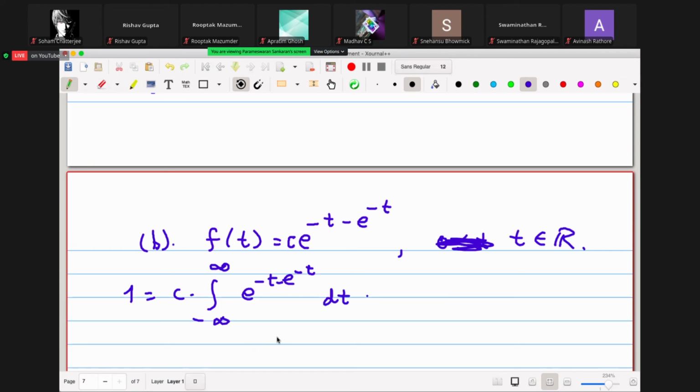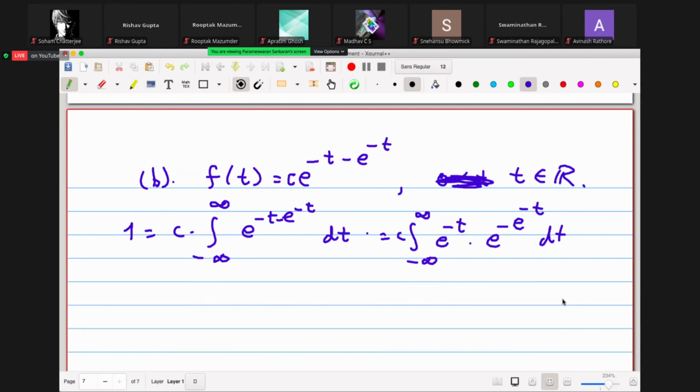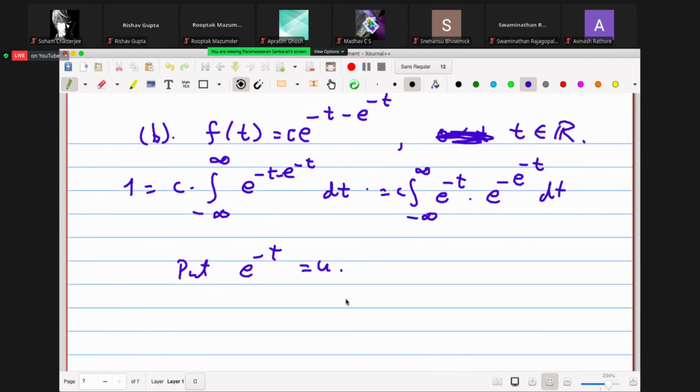So this you can rewrite as c times the integral from minus infinity of e power minus t times e power of e power minus t dt. And the obvious substitution is put e power minus t equal to u. And now complete the problem. So you'll get some nice value for c.